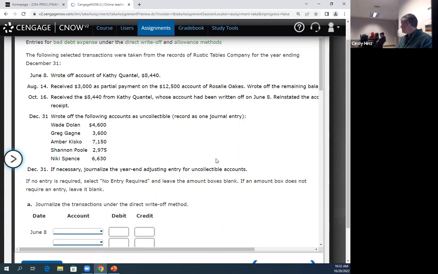And the matching principle says if that's going to create an additional cost for us, that some of our customers don't pay their bill, we need to recognize that and record that cost in the same period that we record the revenues. That's what the matching principle means, that we're matching the expenses with the revenues in the same period.